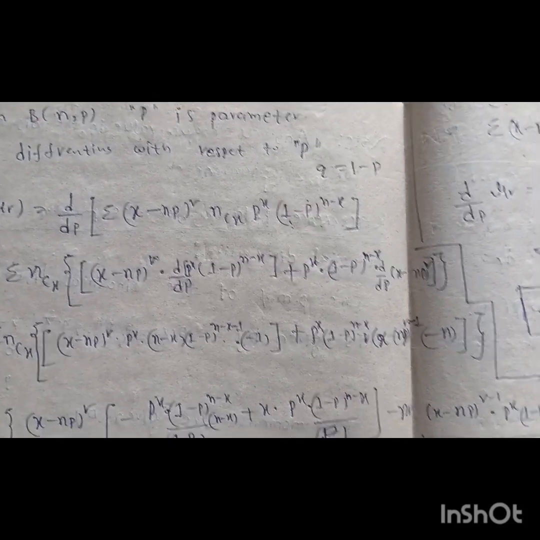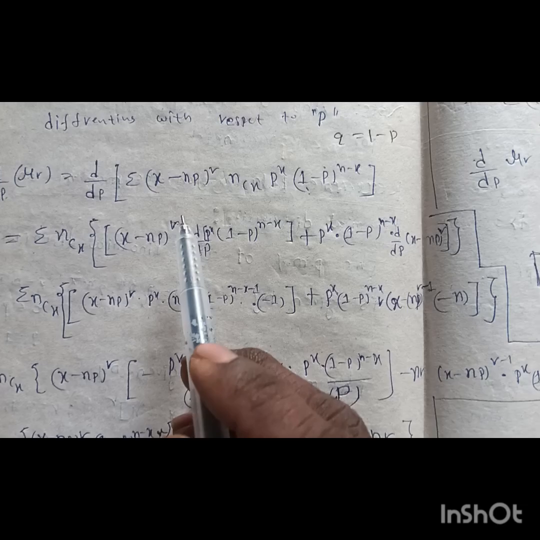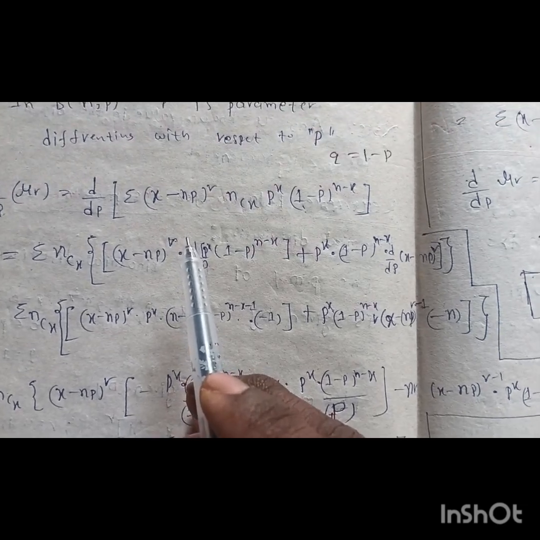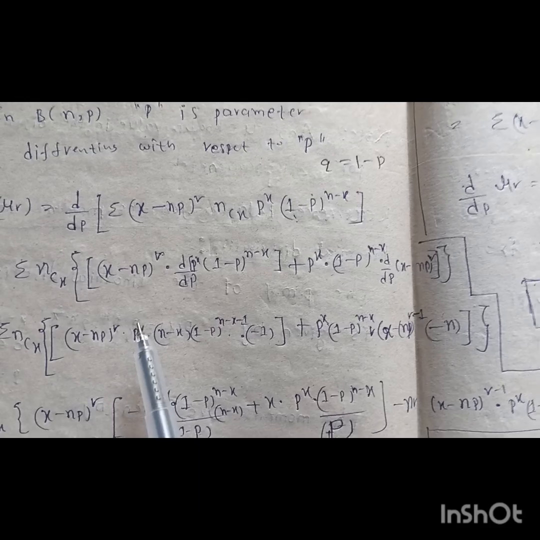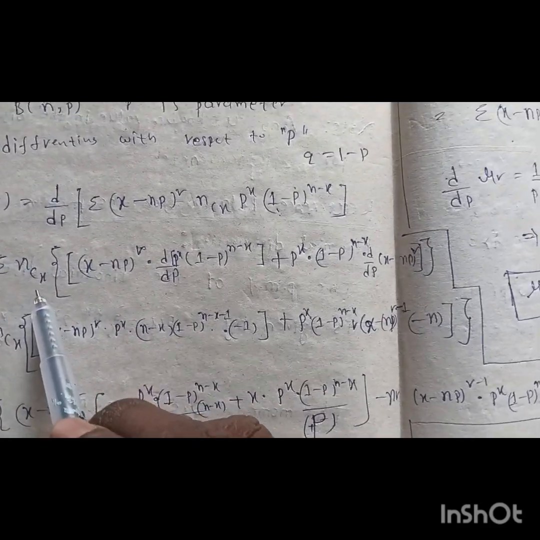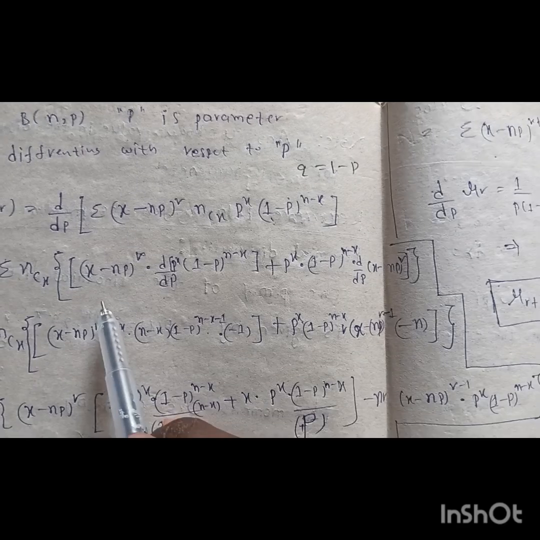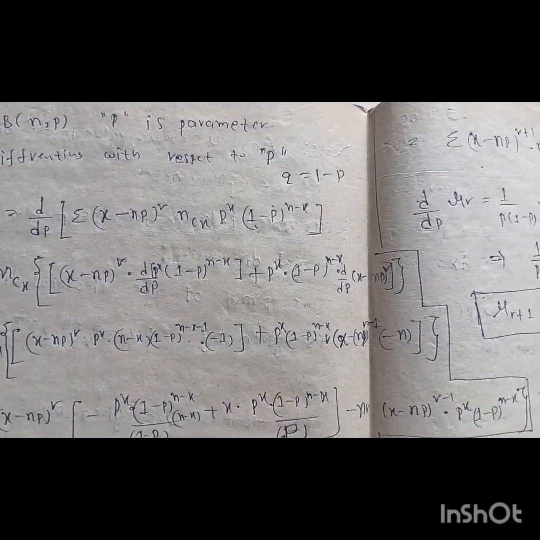We can take out the terms where we don't have p values; in nCx there is no p value, so for differentiation we can use that.